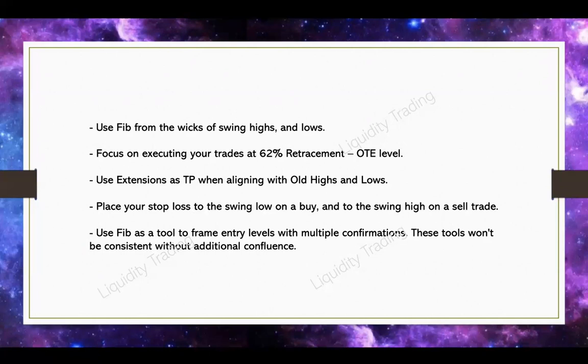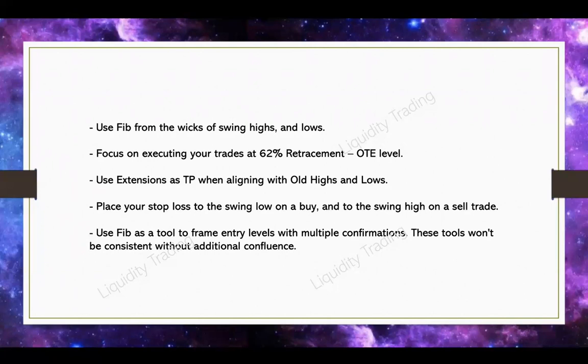And the swing low is a candlestick pattern that has two higher highs on both sides. Now focus on executing your trades at the 62% level. Now there's the optimal trade entry, OTE, and you will not be wanting to focus on anything lower.